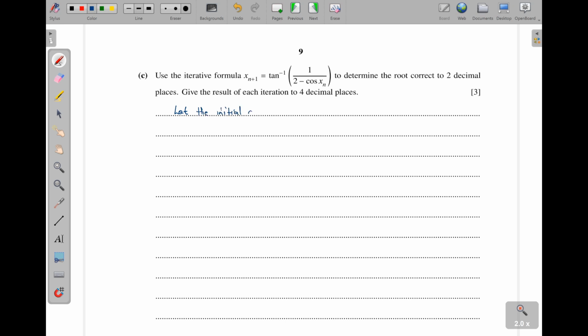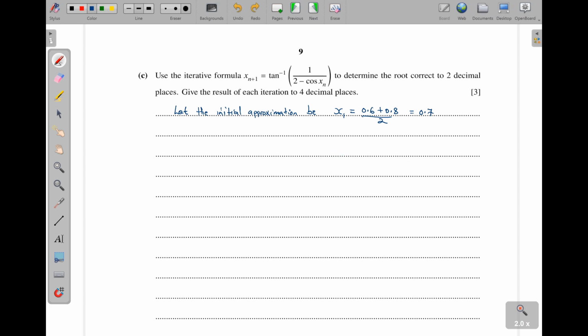Let the initial approximation be the average of the two, 0.6 plus 0.8 divided by 2, which is going to be 0.7. You can even start with 0.6 or 0.8, but since the root is in between those two, it's better you start in the middle and then you iterate, going this way if the root is this way, or the other side.